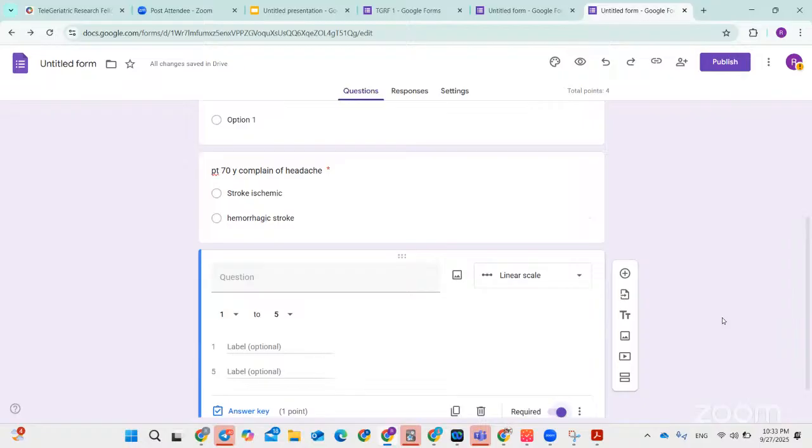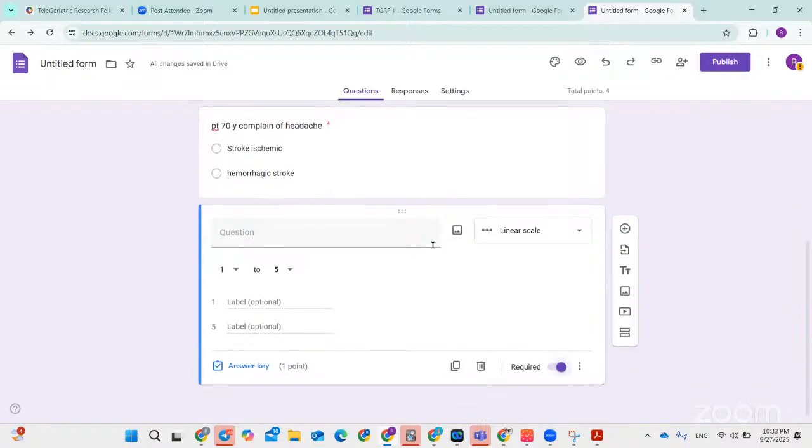Yeah, and that is how we make a quiz. This type of question we can use when we want to get feedback from the attendees, including performance feedback on their knowledge and on your teaching during the session.